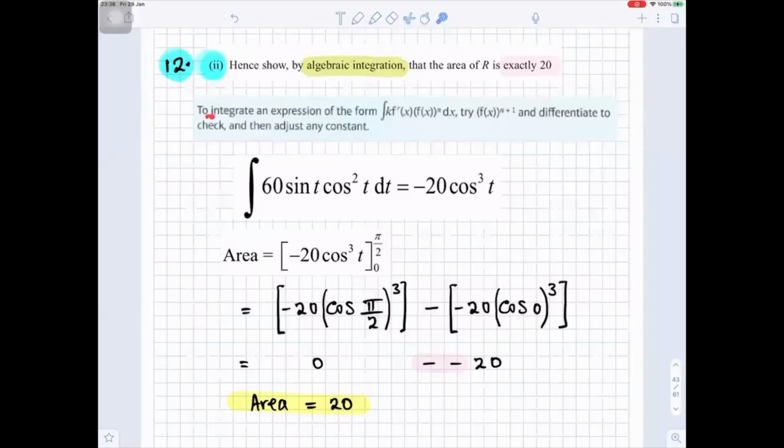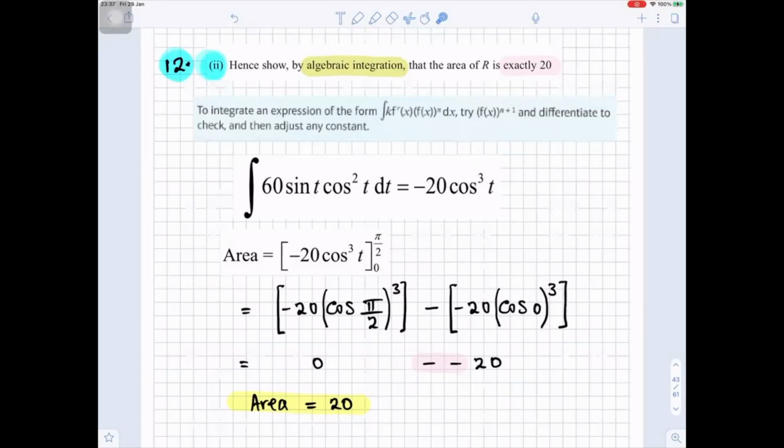So to integrate an expression of the form k f'(x) times f(x) to the power n, try f(x) to the n plus 1. Remember we have n there, we try with power n plus 1 and differentiate to check, and then adjust any constant.